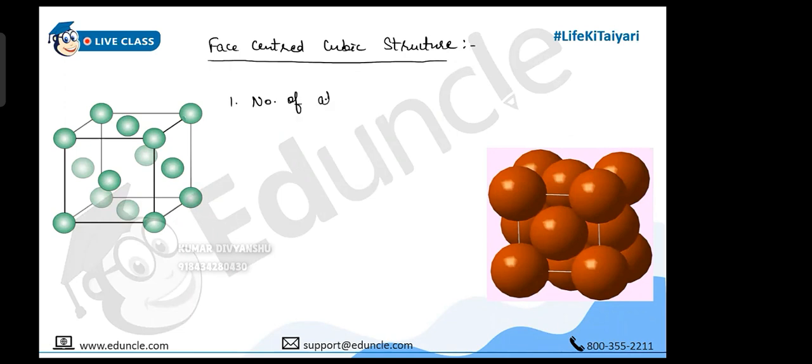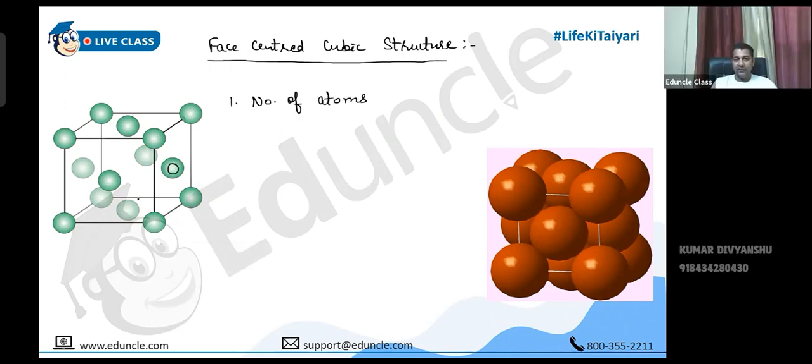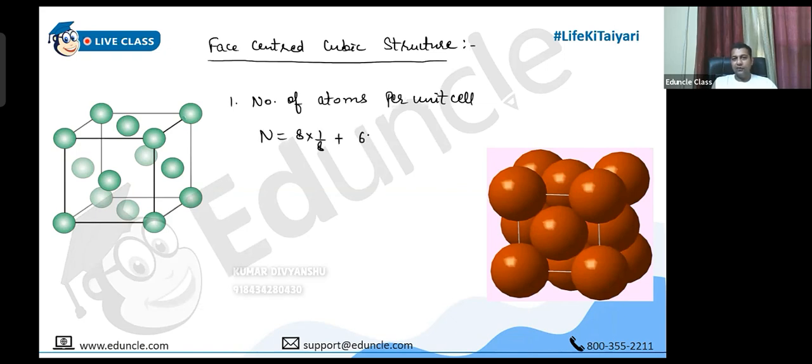Because now, this face atom is being shared by 2 unit cells. Half is shared by this one, and half by the unit cell present on the right. Only then does this atom completely belong to these 2 unit cells. So the contribution of each face-centered atom is half. So number of atoms per unit cell, n, is equal to 8 into 1 by 8, and there are 6 faces, and each one is having sharing half. Therefore this unit cell is also non-primitive.